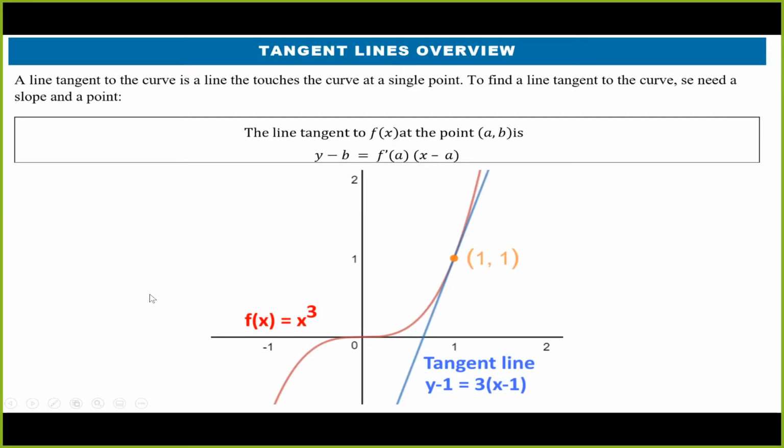So the first thing we're going to look at is an equation of a line that's tangent to a curve. Because a derivative is the slope of a function at a point, which also means it's the slope of a tangent line to the function at that point.